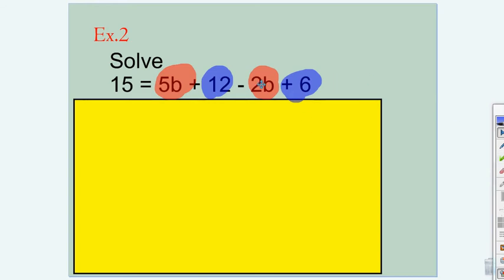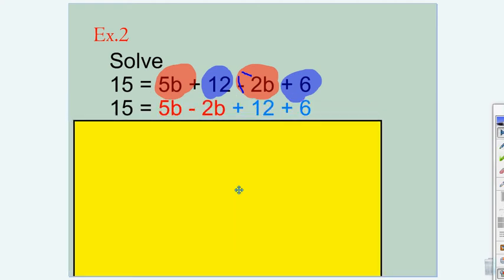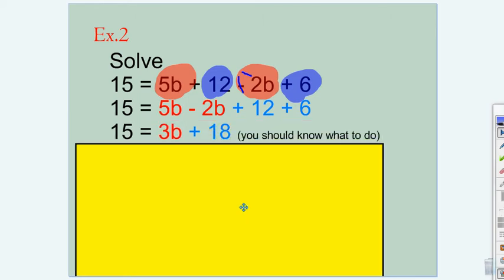I highlighted the like terms here, including the negative 2b, as that means take away. Add the opposite. So 5b plus negative 2b, or 5b minus 2b, gives us 3b, and then we have 18.